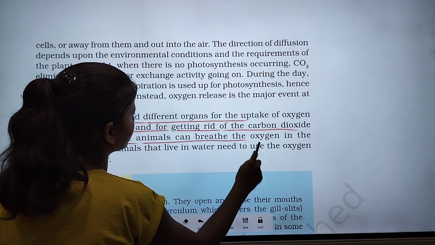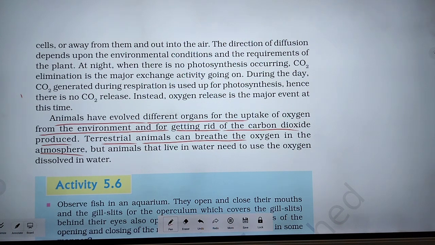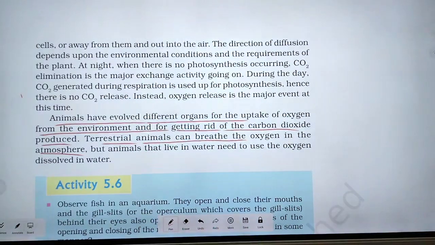Terrestrial animals can breathe the oxygen in the atmosphere.